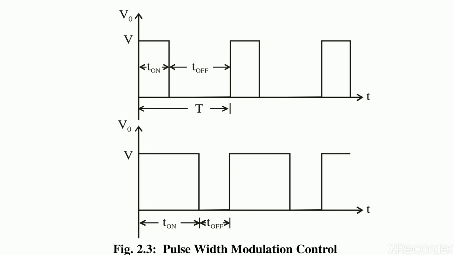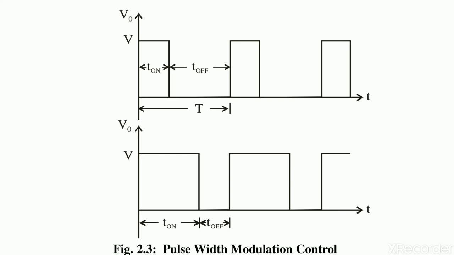We can see that for a very short T on period, the output voltage is very low. We get output voltage VO only for the T on period, and for the T off period there is no output voltage across the load. But here chopping frequency F, or time period T, is constant.